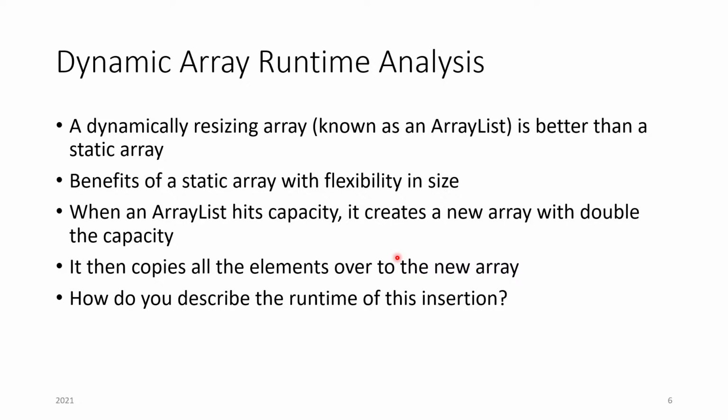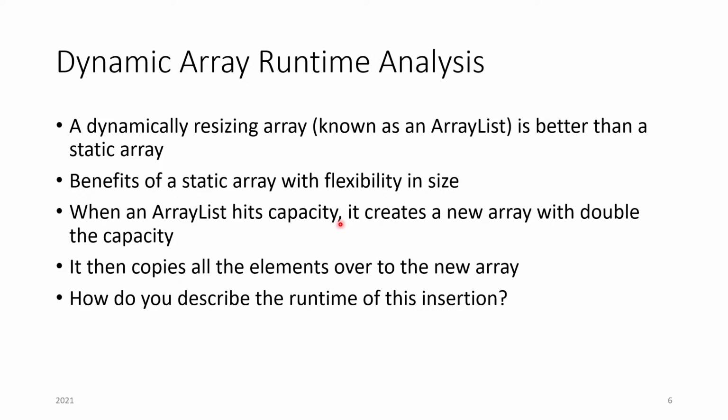So there are also dynamically resizing arrays, and in programming terminology they're referred to as array lists. And they're better than static arrays because, like the name says, they expand and contract with their size. Now, we're going to be observing the order of this when, let's say, an array hits capacity and it needs to expand itself.